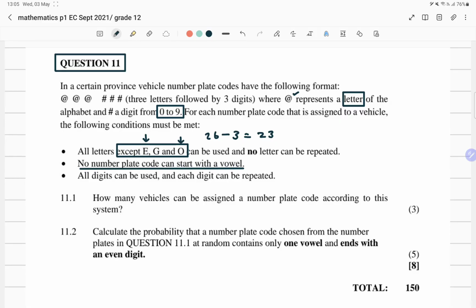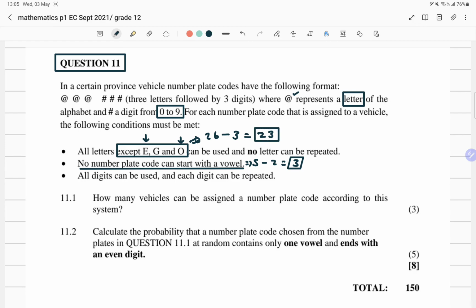So now we're told here no number plate can start with a vowel. So how many vowels have we left? Remember there's 5 of them, minus 2. So we have 3 left. Okay? So that is the story.